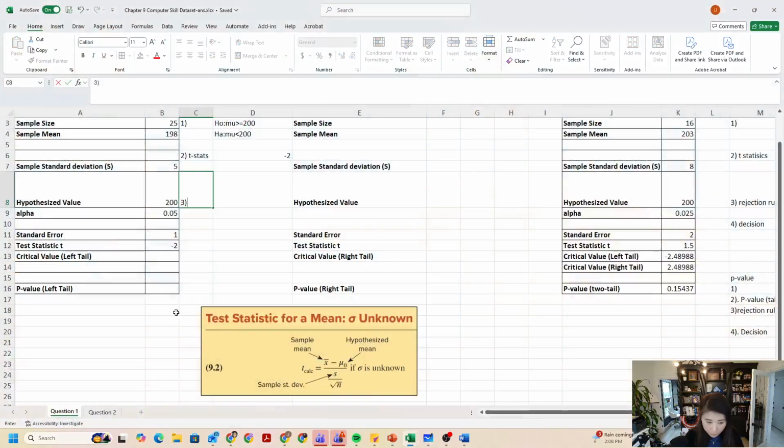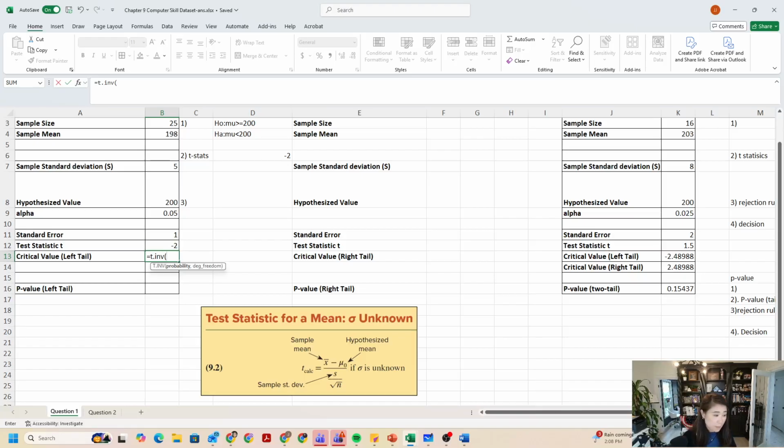Let me go back here. Here is the one you need to remember. The formula we're going to use is equal to T.INV, parentheses. T.INV gives us the left tail critical value.